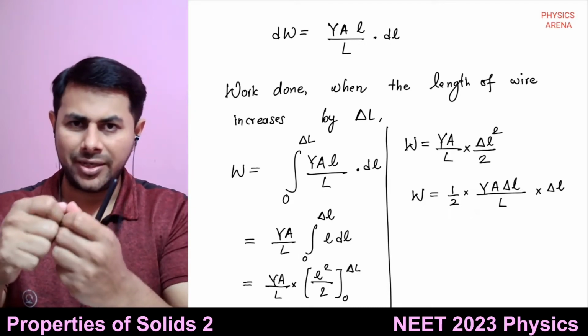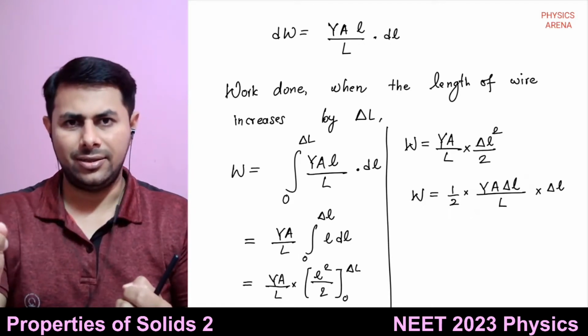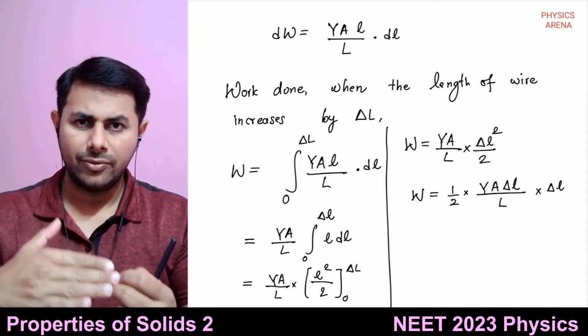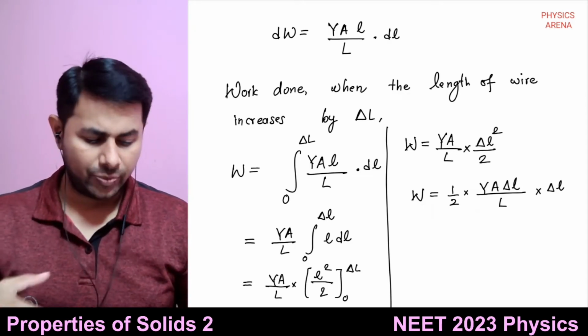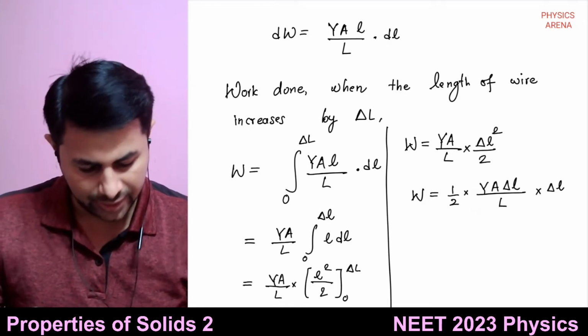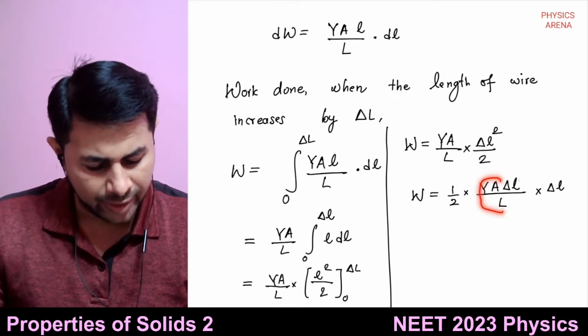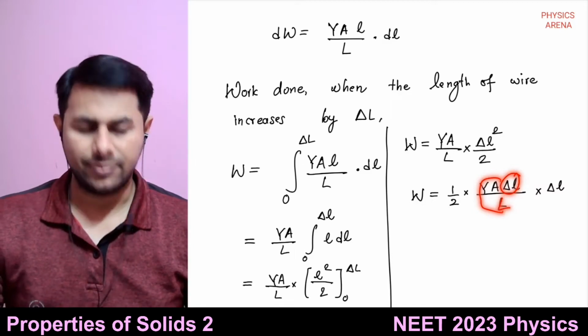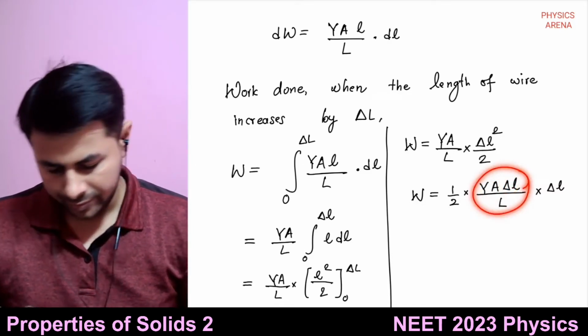Okay, so when you are increasing the length by delta L, so when increment is delta L, the restoring force acting on the wire is equal to what? Ya multiplied by delta L upon L, right?